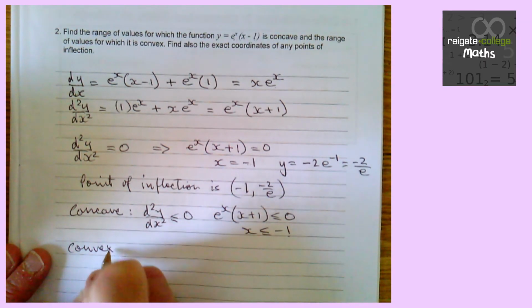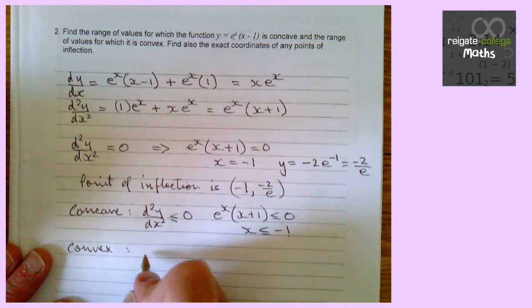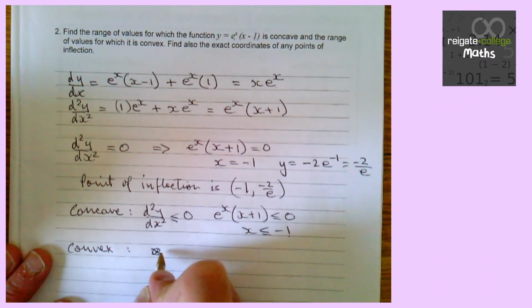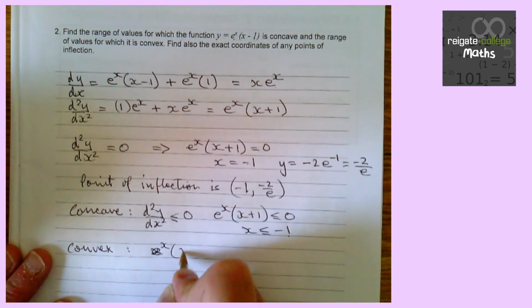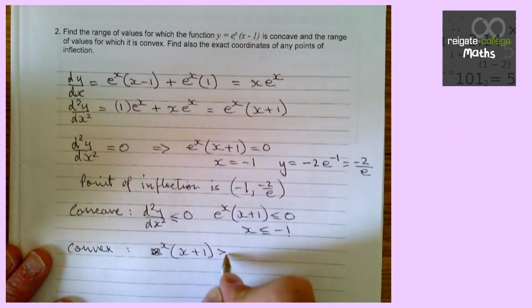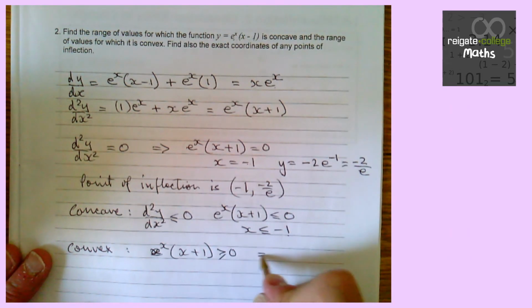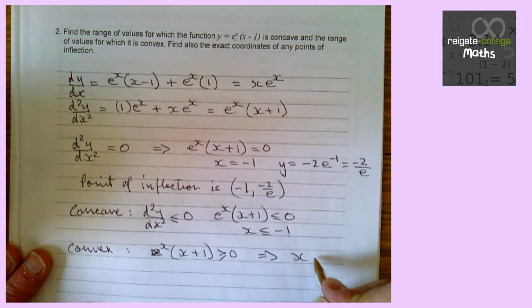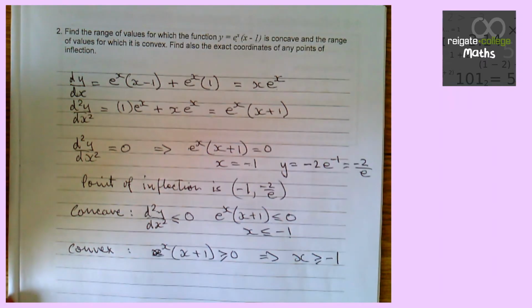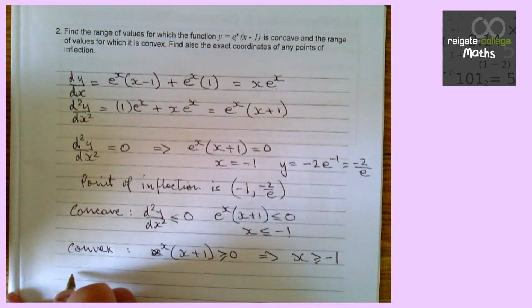Convex, we're going to have e to the x times x plus 1 greater than or equal to 0, and that gives us x is greater than or equal to minus 1.